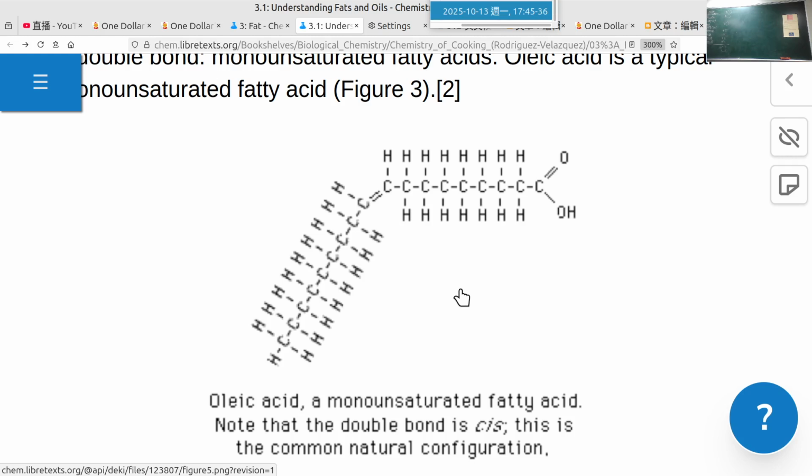I believe all of you have already heard the term trans fatty acid. The definition is that in a C double bond molecule, the carbon chains are located on different sides. It's called trans. Sorry, I cannot explain it very well in English. But for cis, they are located on the same side.